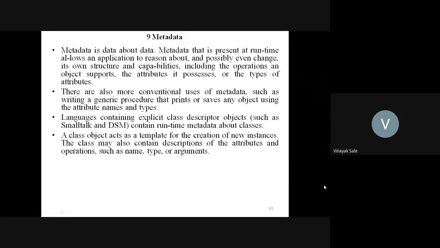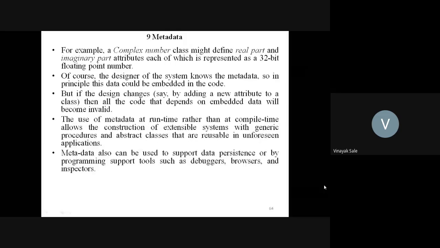The class may also contain a description of the attributes and the operations, such as name, type, or arguments. For example, a complex number class might define real part and imaginary part attributes, each of which is represented by a 32-bit floating point number.